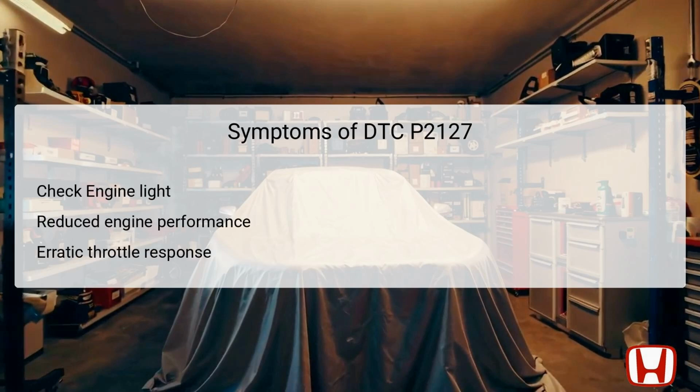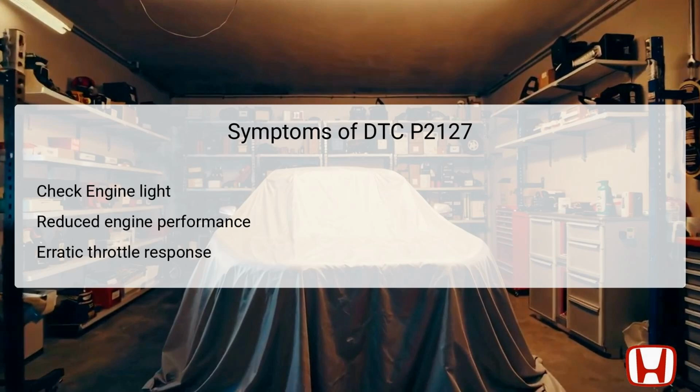DTC P2127 can produce several observable symptoms that indicate a problem with the accelerator pedal input system. The most immediate sign is the illumination of the check engine light, which alerts the driver of a malfunction within the vehicle's electronic systems.